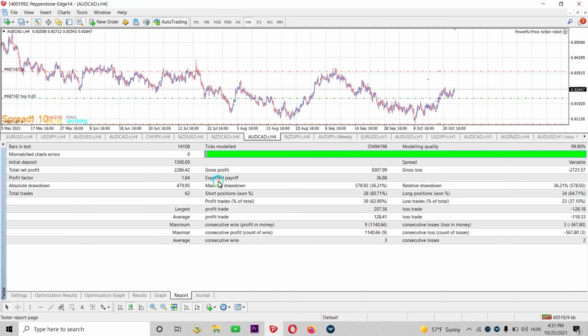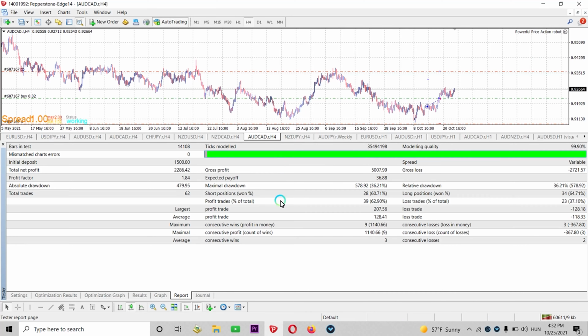But now I used double lot size in this test, just to see how it works in a more stressful environment, and it didn't blow the account at all.